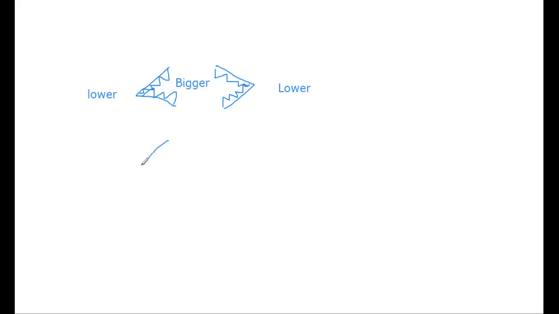Now, the other thing that we have to get used to, the other two symbols, once you add this extra line here, this becomes equal to also.